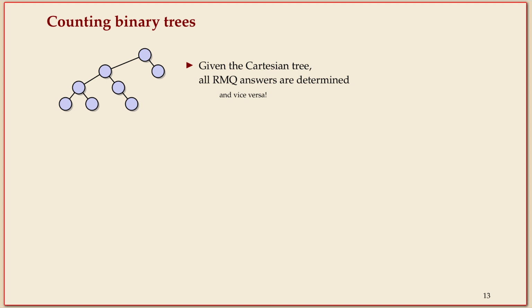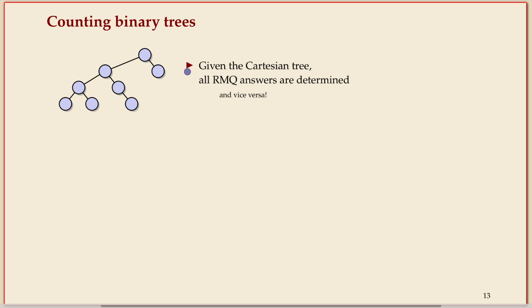What we'll need is not just this correspondence. Range min queries are lowest common ancestors in the Cartesian tree. One key point why this is so helpful is that we've removed the array entirely. There are no values anymore. It's just one tree. And so while there are many, many different arrays with all the different values you could put in, there's a much smaller number of binary trees.